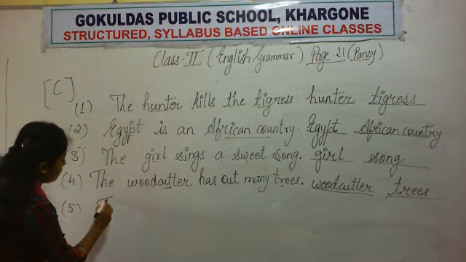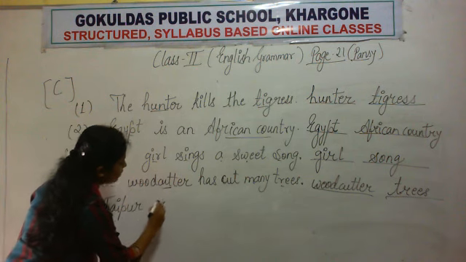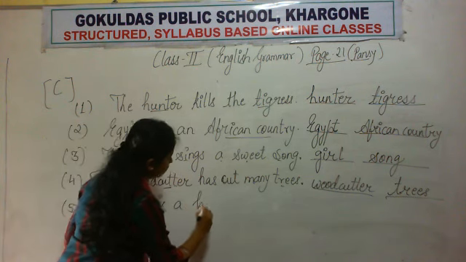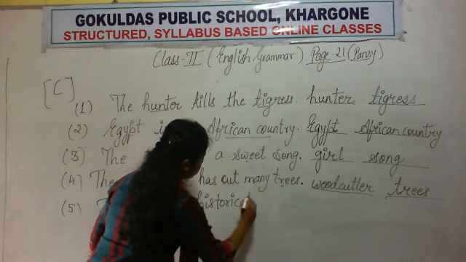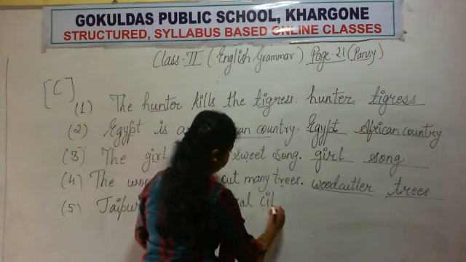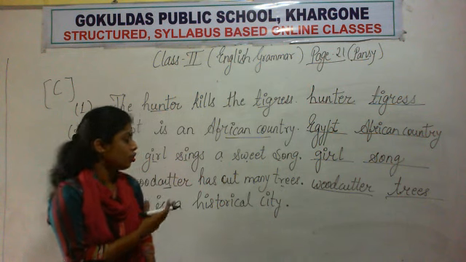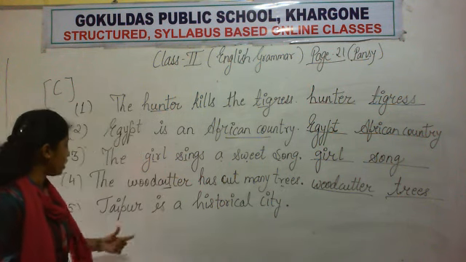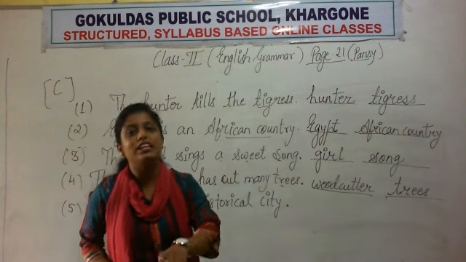Next is Jaipur. Jaipur is a historical city. Jaipur एक historical city है. Okay, so Jaipur here, Jaipur is what? It is the special name of a city.